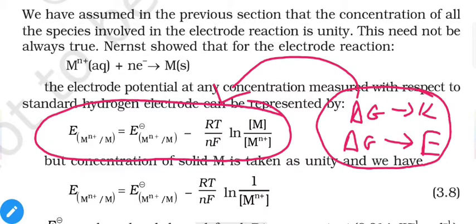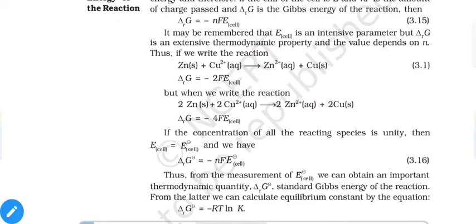But for your basic knowledge, there are two different equations of delta G which you already learned in thermodynamics. First, a relationship between delta G and E, which is delta G is equal to minus nFE, and second, a relationship between delta G and equilibrium constant K, which is mentioned here.